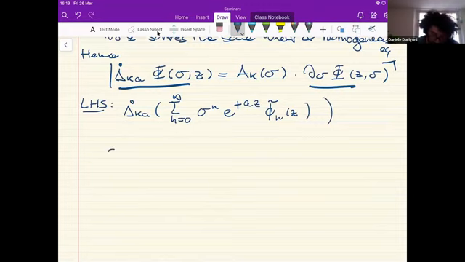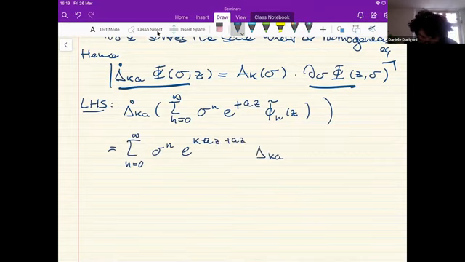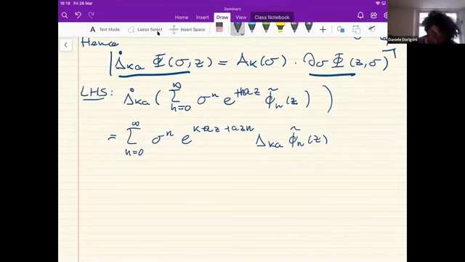So this alien derivative is going to give me sigma to the n, e to the k plus n, 8z, the alien derivative without the dot acting on this guy. And in here, I forgot an n. There should be an n sitting in here. Good. So this is e to the k plus n, 8z.